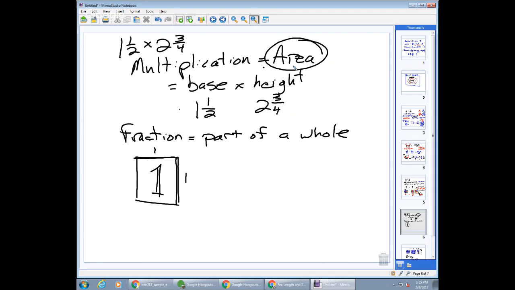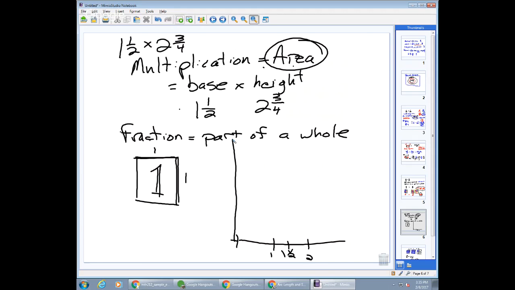Okay, so I know what a whole is now. I know what multiplication means, so now I have to draw that out. So it's an area. I'm claiming my base is 1.5, so I'm going to draw a baseline. I'm going to measure 1 over. So if that's 1, 2 would be about here, and 1.5 would be about right there, according to the number line model, right? And then I have to go up for my height.